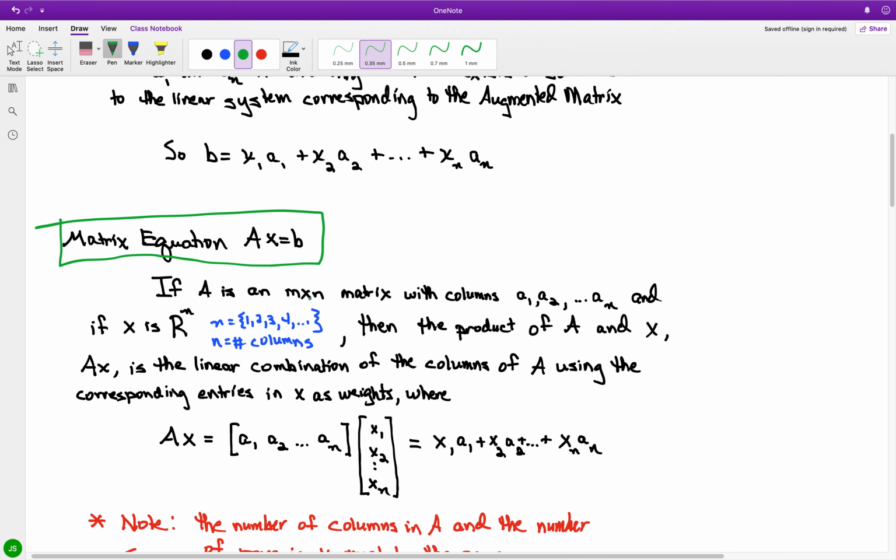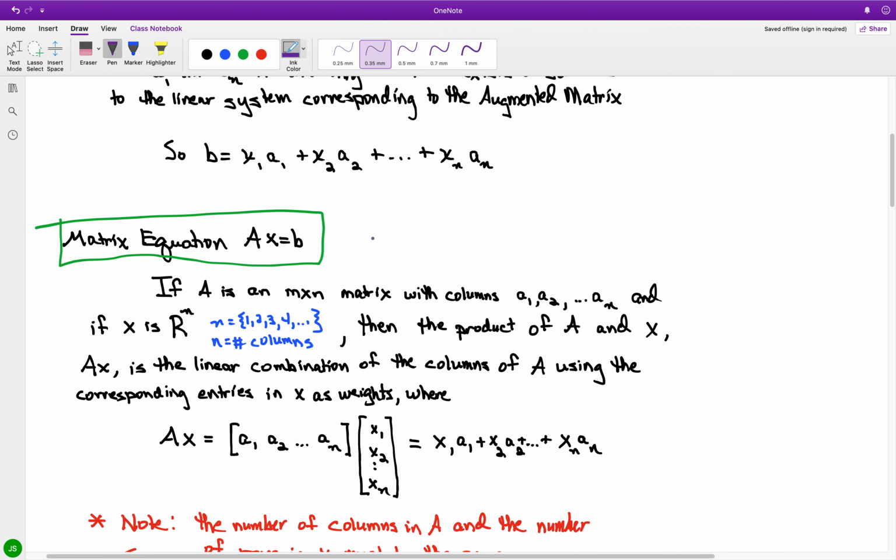If A is an m by n matrix with columns going from a1 to an, and each of a1, a2, all the way up to an are one column matrices, and x is in Rn, where n refers to the number of columns and the subscripted values are positive integers or natural numbers, then the product of A and x, referred to as Ax, is the linear combination of the columns of A using the corresponding entries in x as weights, whereupon we have x1 times a1 plus x2 times a2, all the way up to xn times an.